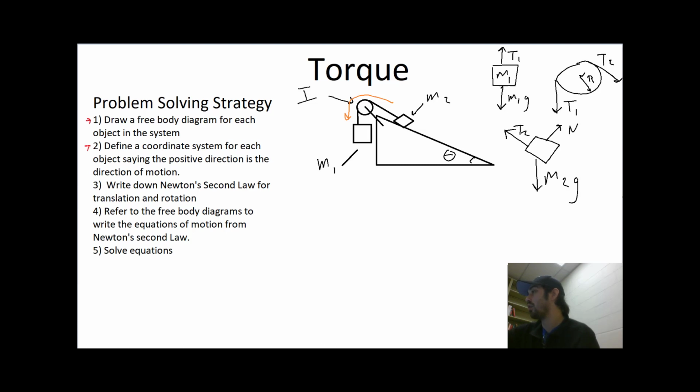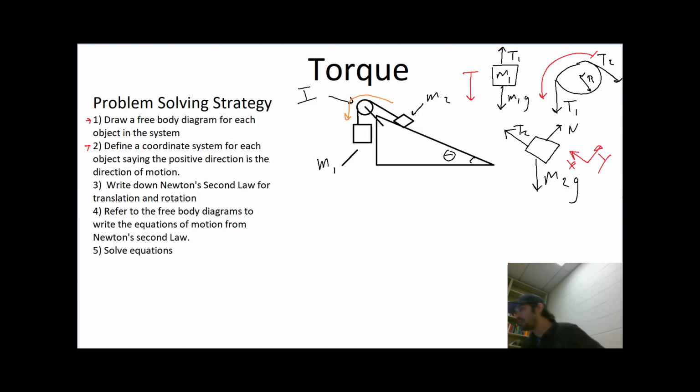For M1, I'm going to have some direction that's positive here. For our pulley, we're going to have some positive direction that's this way. And for this mass, I have this coordinate system, so this is the positive x direction and the y direction.